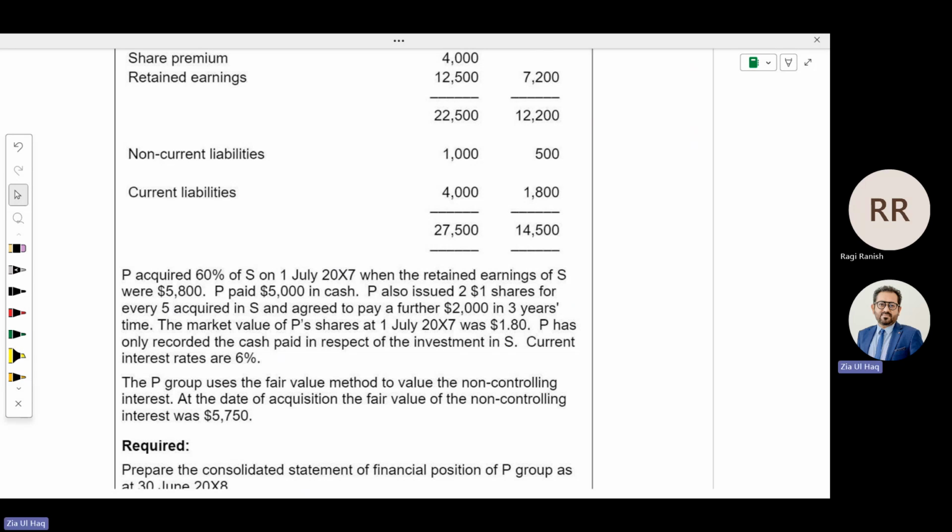P also issued $2 shares for every 5 acquired in S and agreed to pay a further 2,000 in 3 years' time. The market value of P's share at 1st July was 1.8.